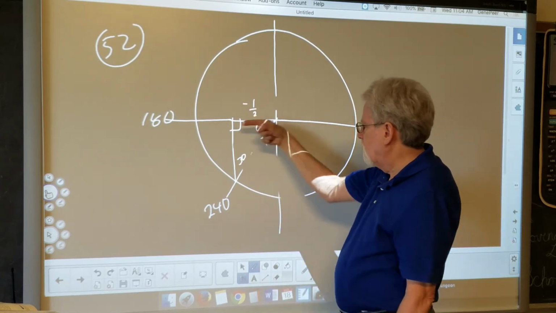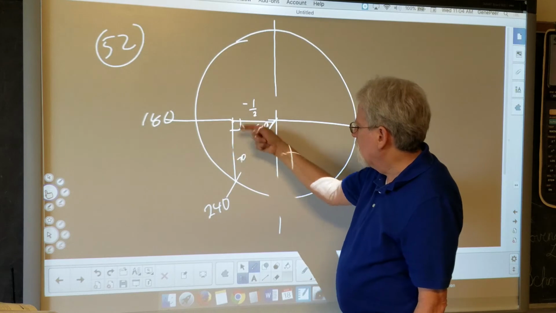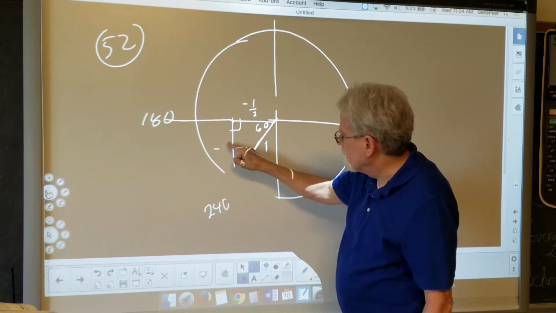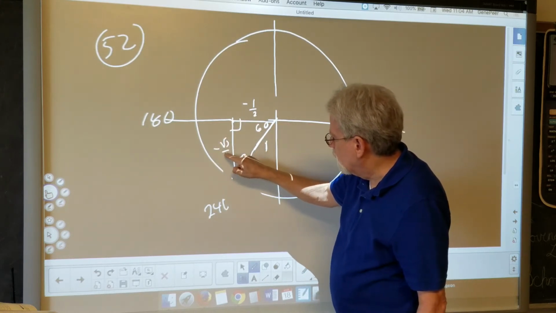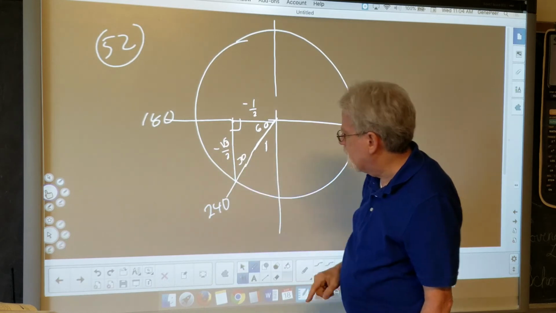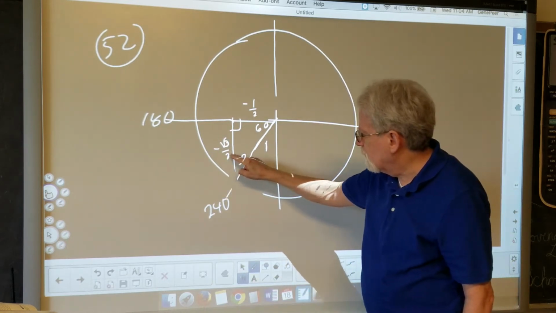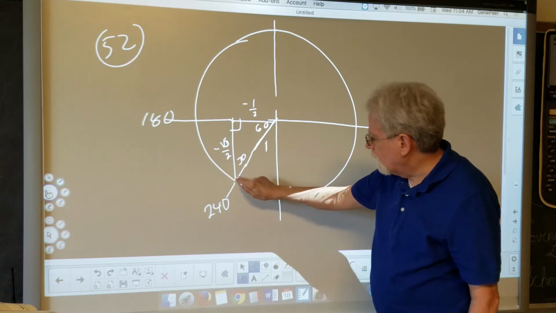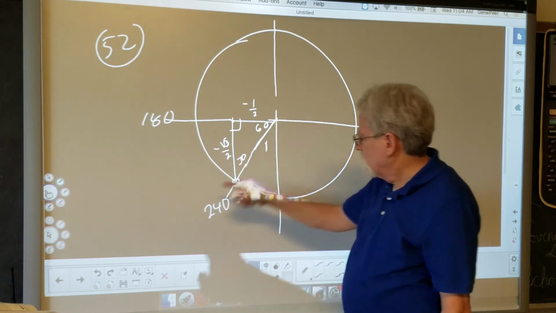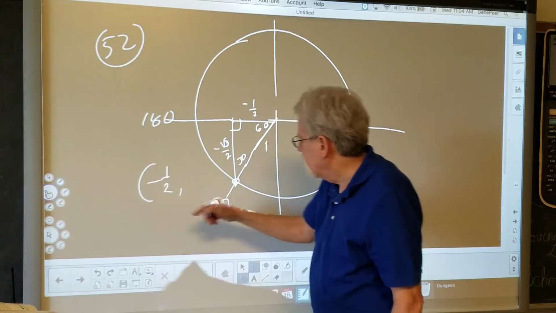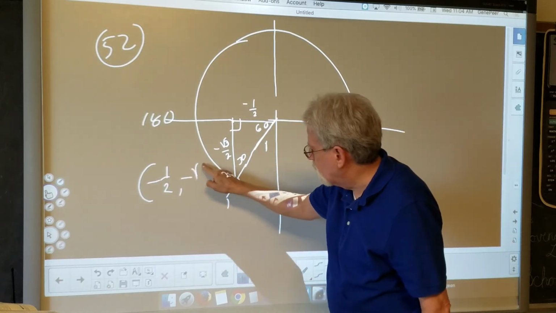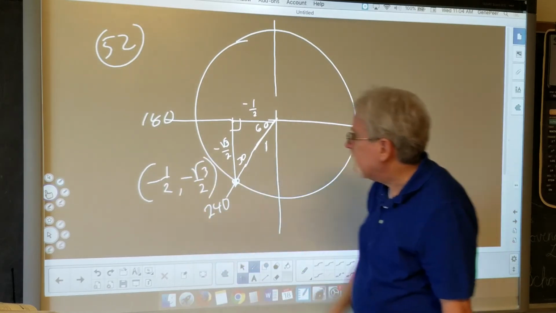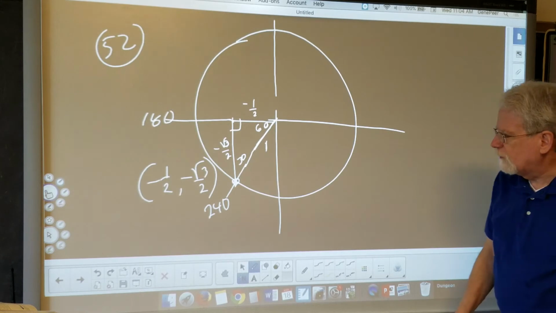Because I'm going to the left to get here. Negative 1/2, and this is negative square root of 3 over 2. That's how we locate it. So the coordinates at this point become negative 1/2 and negative square root of 3 over 2. And we go from there to find all 6 functions.